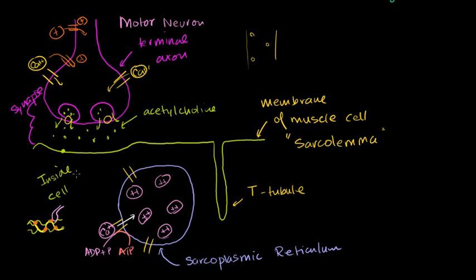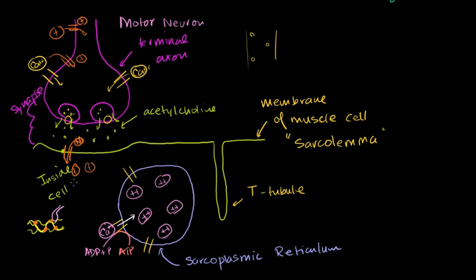So the muscle cell also has a voltage gradient across its membrane, just like a neuron does. When this guy gets some acetylcholine, it allows sodium to flow inside the muscle cell. So you have a plus there, and that causes an action potential in the muscle cell.